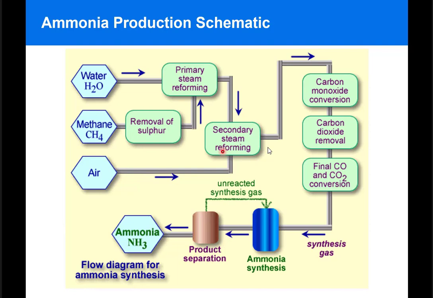And the mixture is then put through several steps of converting carbon monoxide to carbon dioxide and complete removal of both carbon monoxide and carbon dioxide, producing a synthesis gas, which is basically a mixture of hydrogen and nitrogen that goes to the reactor itself containing the catalyst and goes through cycles of reaction, separation, and so on to achieve the maximum conversion possible to produce the highest yield of ammonia.